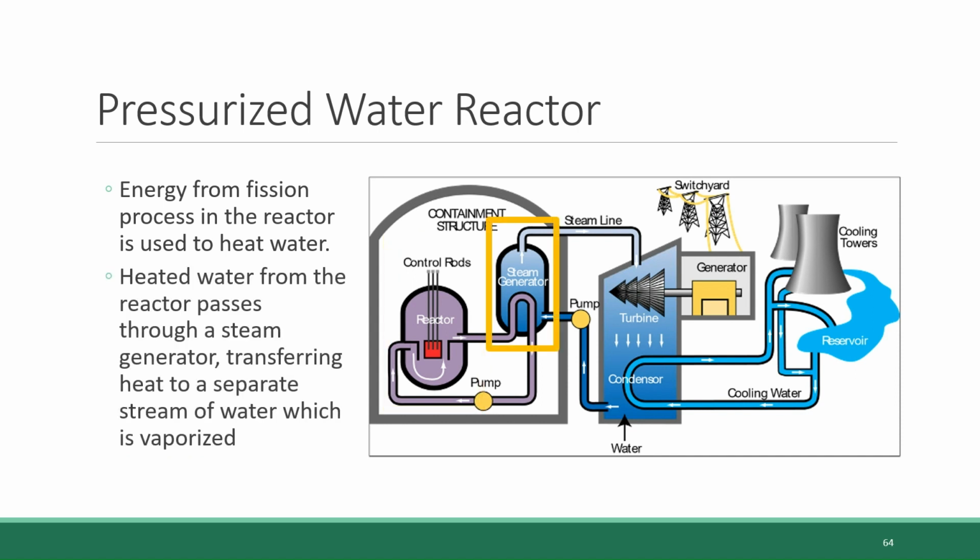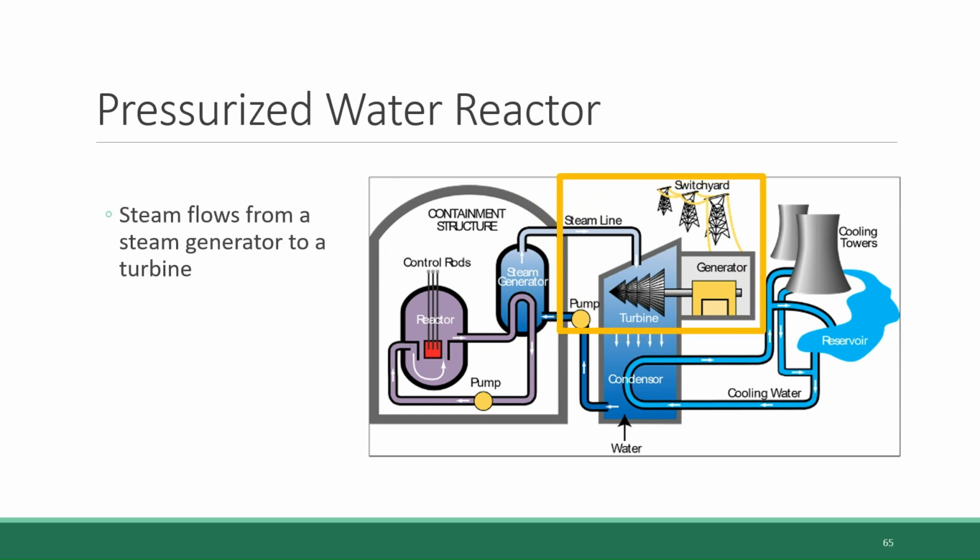The heated pressurized water passes from the reactor into a steam generator, which transfers the heat to a separate stream of water, which boils and vaporizes. The reason this is done is because the water that is heated directly by the reactor is exposed to radiation, so it has to be kept separate and compartmentalized away from the rest of the power plant.